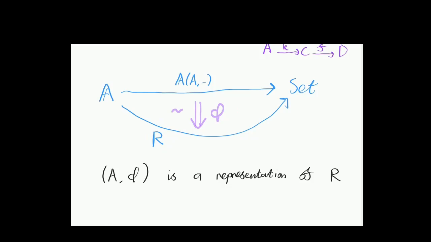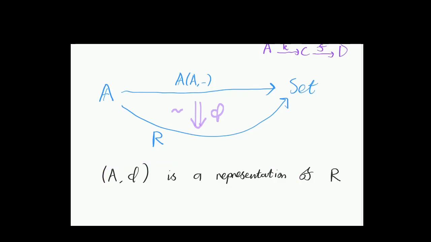And in that case, sometimes we call A the representing object, and that together with our natural isomorphism forms what we might call a representation of this functor R. Okay, so this is just terminology so far.